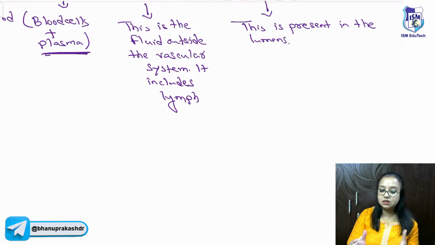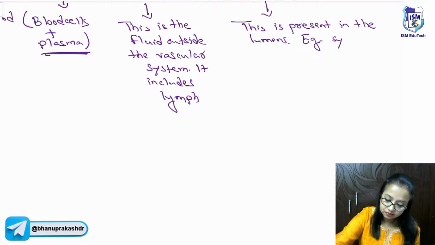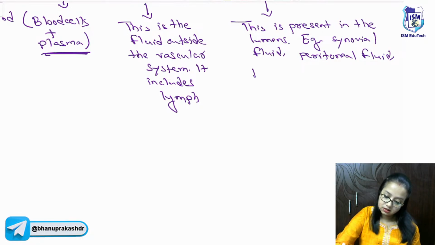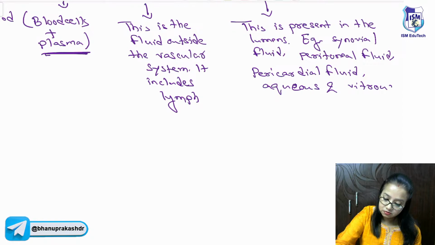Like the structures where there are lumens, this is a region where it is present. Examples: synovial fluid, peritoneal fluid, pericardial fluid, and also the aqueous and vitreous humor of the eye.